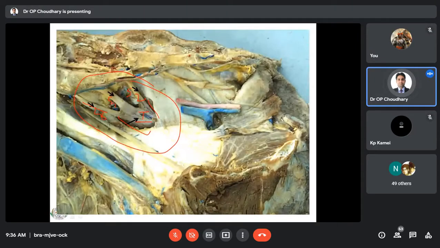You can see here the last lumbar and the sacral vertebrae. This is lumbar 5, lumbar 6, and sacral 1 to 5. The origin of all these nerves is between the last three lumbar and first two sacral vertebrae.